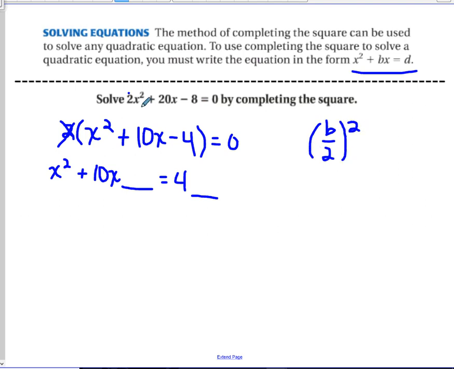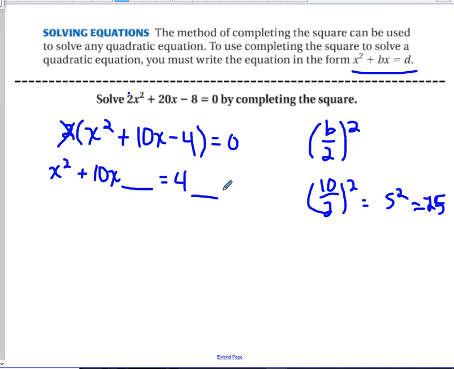So my B term in this case is 10, okay? So I'm going to do 10 divided by 2, and that's going to be squared. Well, 10 divided by 2 is 5, so I'm going to end up with 5 squared, which is 25. Okay. Ooh, rough 25.